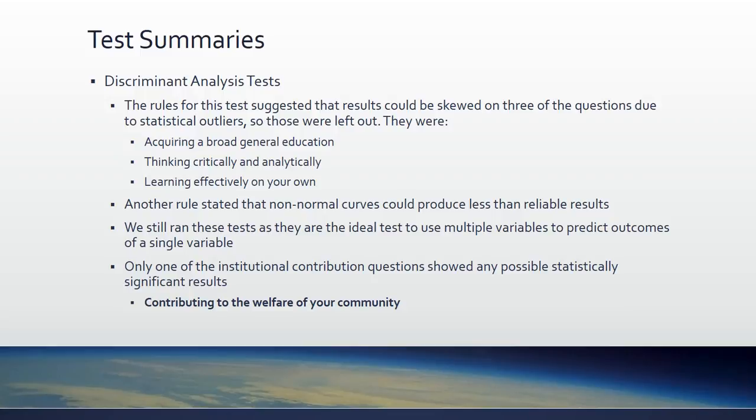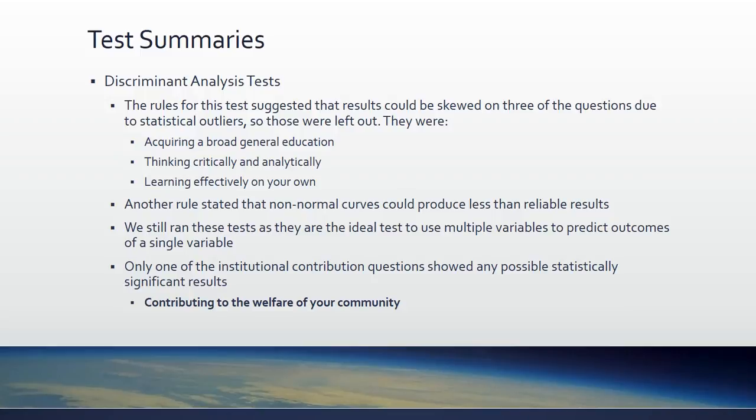Now, there are some fairly strict rules on this test for it to really be something you hang your hat on. The rules suggested that the results might get skewed if you had some outliers in the statistics for each of the questions you're looking at. Three of our questions did have some outliers, so we cut them out of this part of the test.